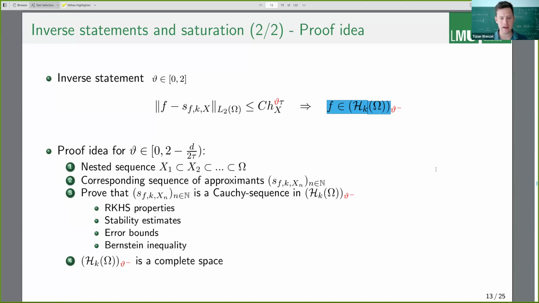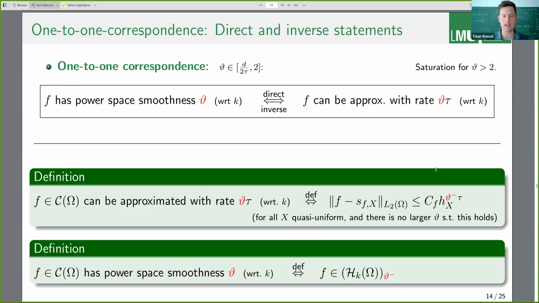Okay, and now I want to have an overview of these direct and inverse statements, and the overview is presented here. Because we have a one-to-one correspondence. We saw with help of our direct statements that if we have some smoothness measured in terms of power spaces, then this means that we can approximate our function with a given rate.